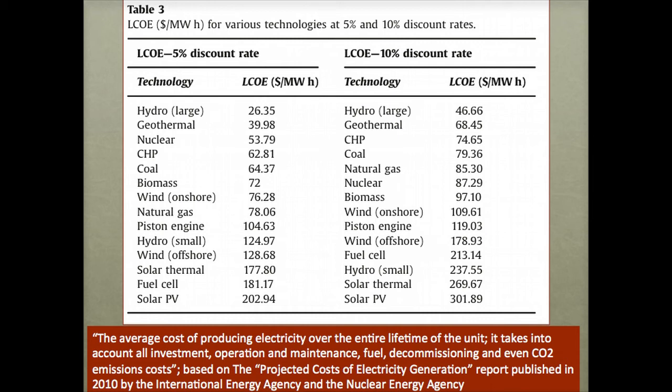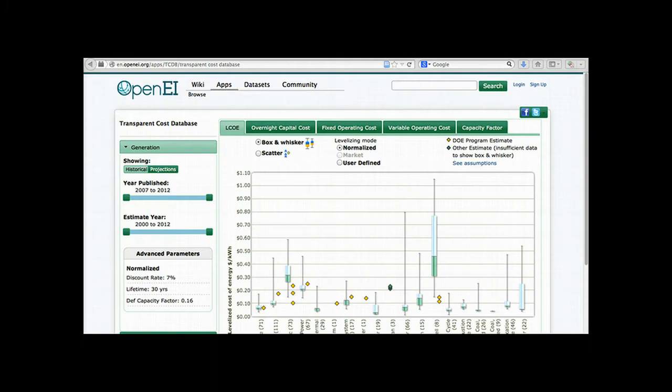It is important to note that many references report LCOE values that are very different from the ones presented here. In the United States, the best place to look for the full range of LCOE values is the OpenEI Transparent Cost Database.